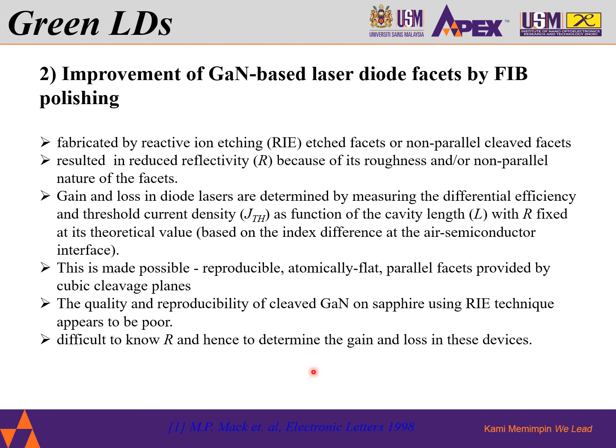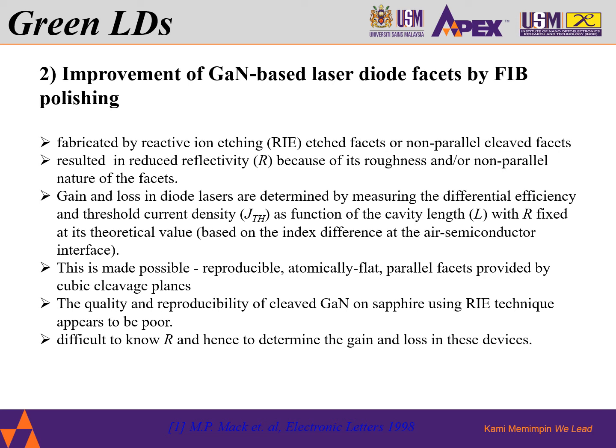The second one is the improvement of GaN-based laser diode facets by FIB polishing. The nitride lasers have been fabricated with either reactive ion etching (RIE) etched facets or non-parallel cleaved facets. Both of these techniques resulted in a reduced reflectivity R because of the roughness and/or non-parallel nature of the facets.